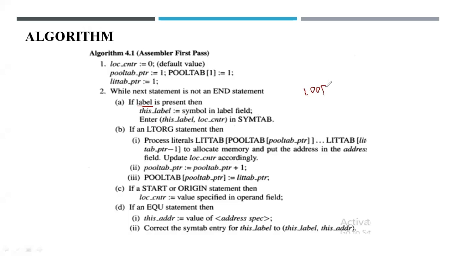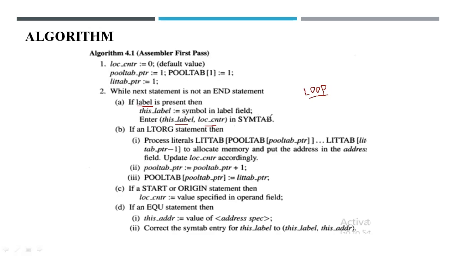Again, I appeal to you to open the program so that whatever I am telling you, you can understand. In the program, you can see loop was there, which was representing a label. This label is nothing but a symbol. So this label is equal to the symbol in the label field. Enter this label, that means loop, and the location counter in the symbol table.